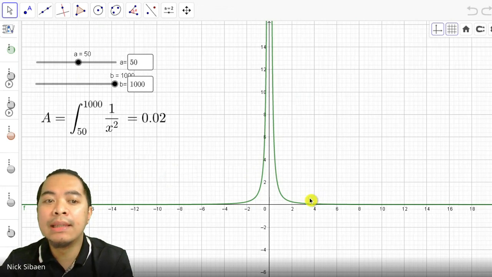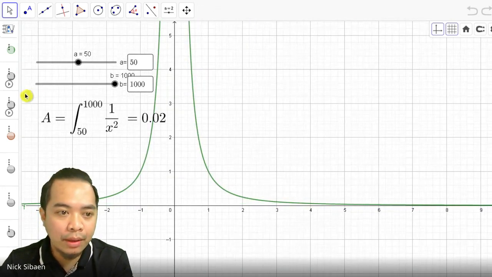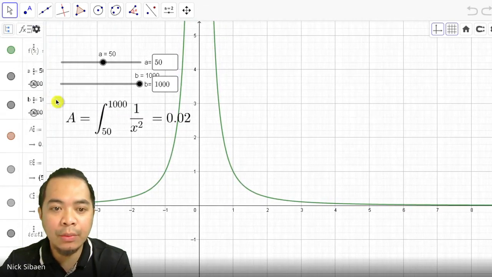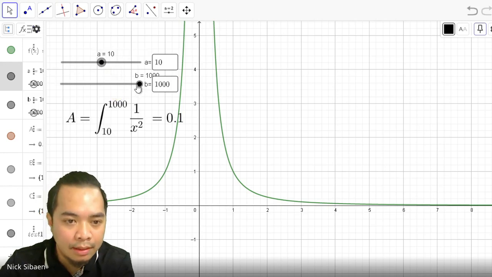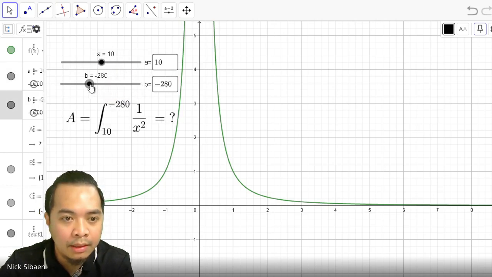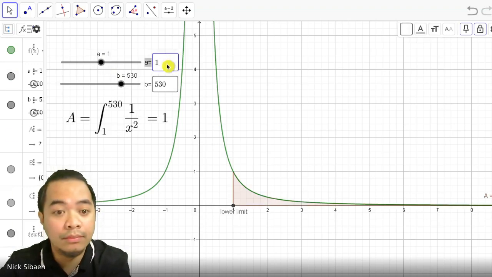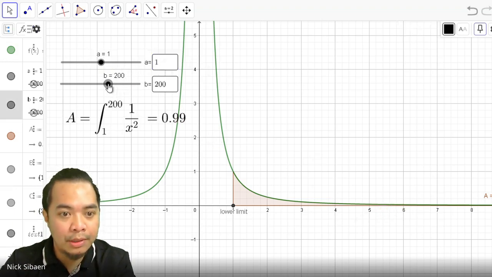Halimbawa na lang dito sa function na ito. Ang function natin dito ay 1 over x squared. I-set natin, medyo babaan muna natin. Siguro ang a natin ay kahit 1 muna. Tapos, ito ang upper limit natin, it's b.